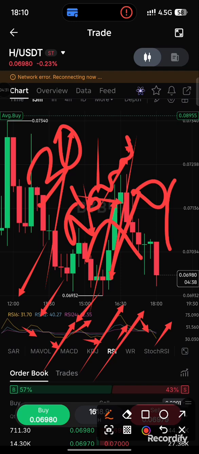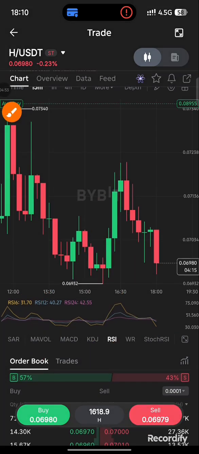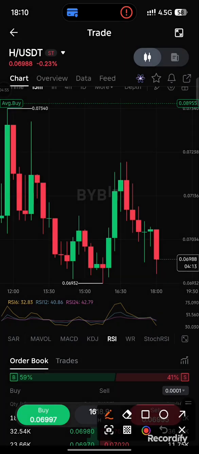Now, which particular RSI do you need to concentrate on, or gives you the signal to buy or sell? The RSI that does that is this first RSI, the one in yellow. When you see this yellow one going above 70, it means the coin is overbought.